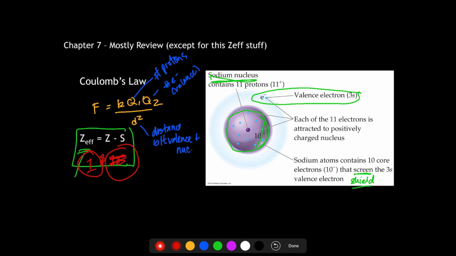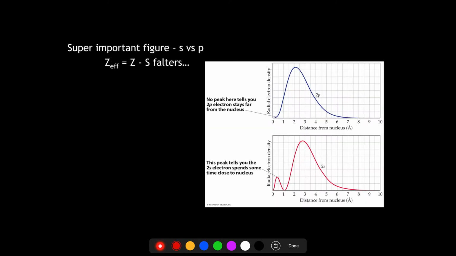All right, taking that and moving into some more thoughtful stuff. The Z effective concept is not perfect. This is the simplest version, where we have the number of protons minus the number of core electrons, but that's not exactly true. If you go back to your outline, I ask you, why is a 2p Z effective calculation more accurate than a 2s calculation?